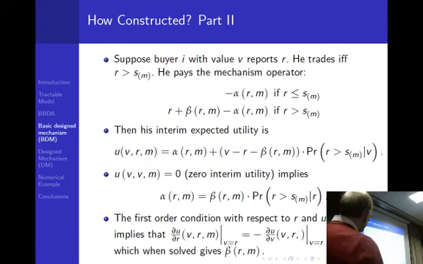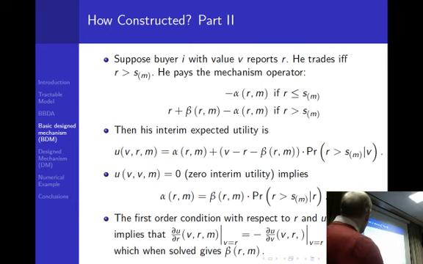Okay, but anyway, it turns out alpha is going to be a negative number, and so if he doesn't trade, he's going to pay minus alpha_m, which is a positive number. So he's really going to pay something if he doesn't trade.